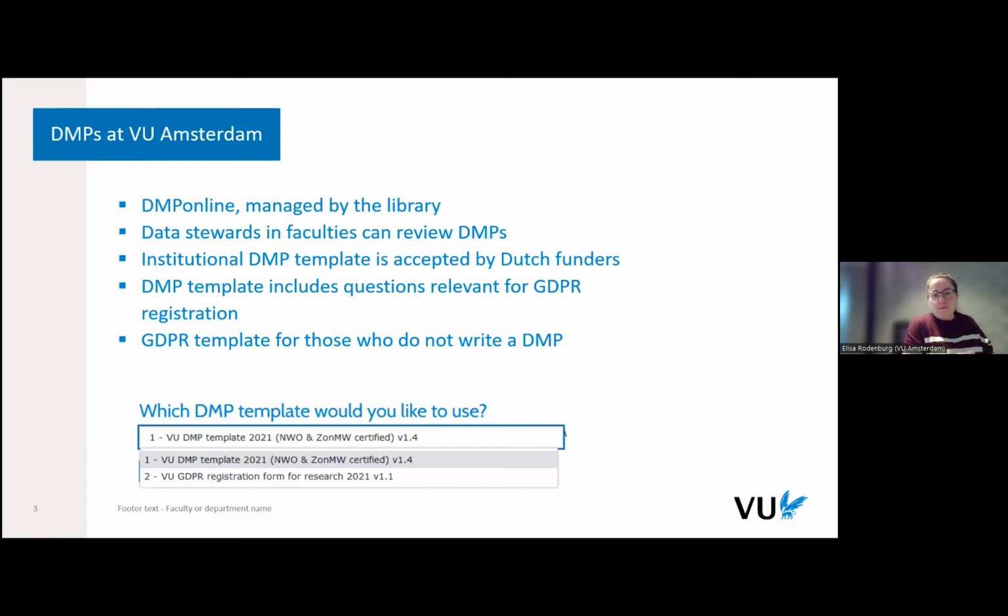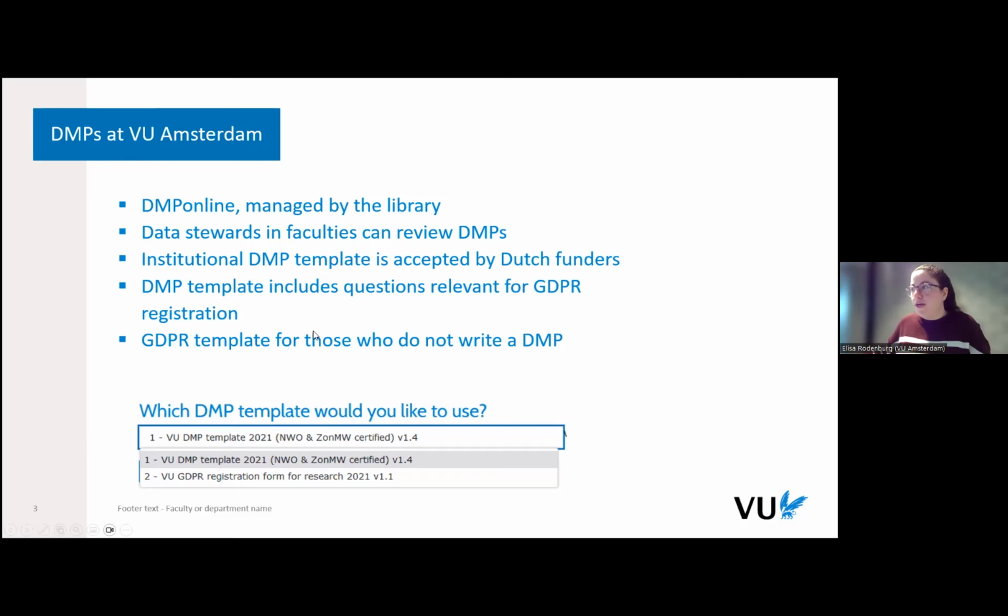Our institutional DMP template is accepted by Dutch funders. So if researchers want to, they can use our template instead of the funder template. And our DMP template also includes questions that are relevant for GDPR registration. I will talk a little bit more about that in the next slide.